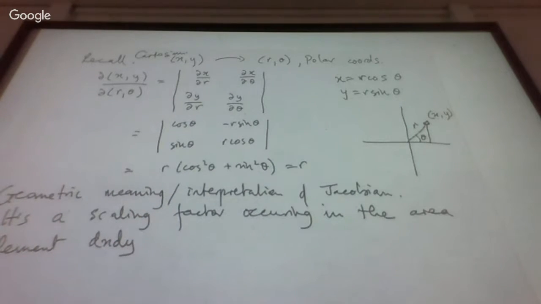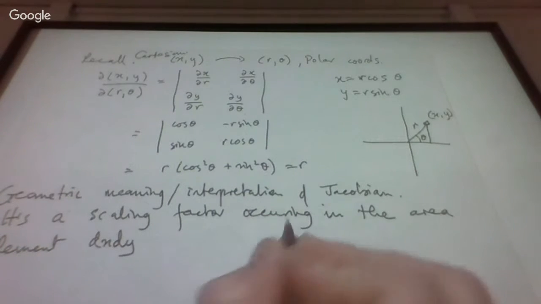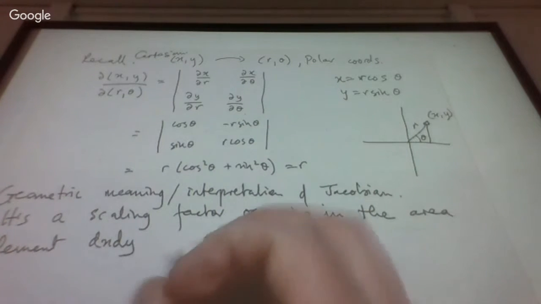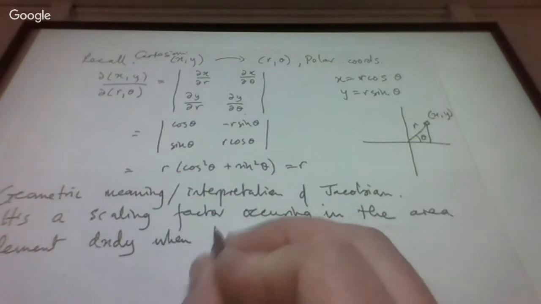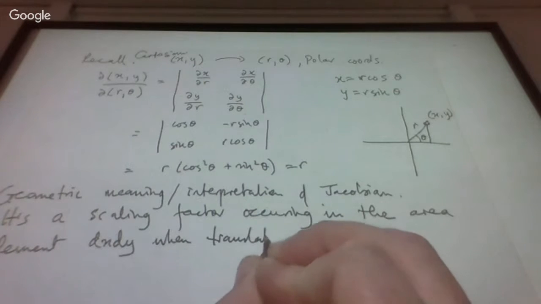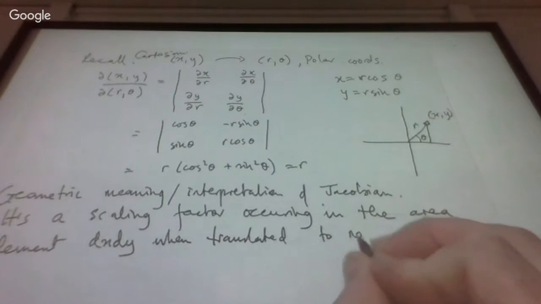So dx dy is a little change in x, think of it, times a little change in y. So that's a little bit of area in the domain of the function. Factor occurring in the area element dx dy when translated to the new coordinates.